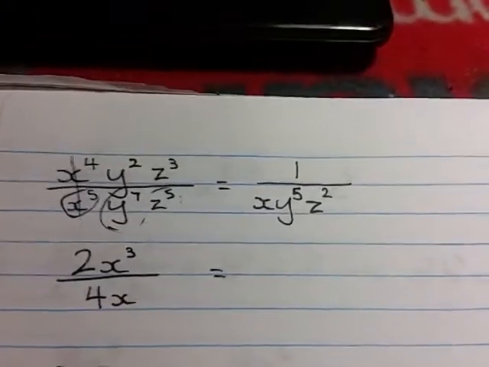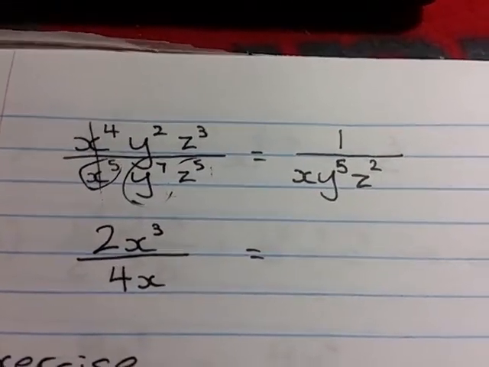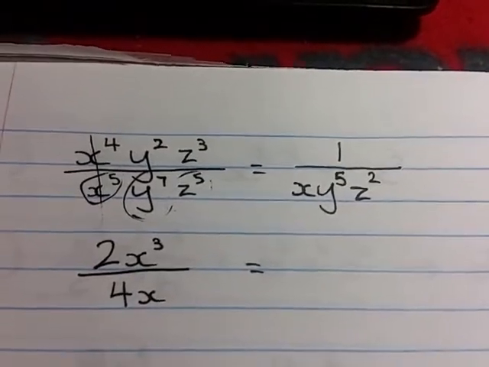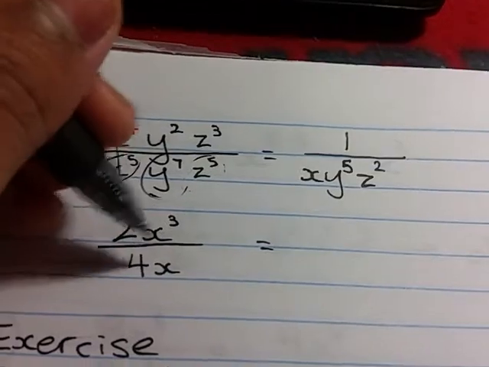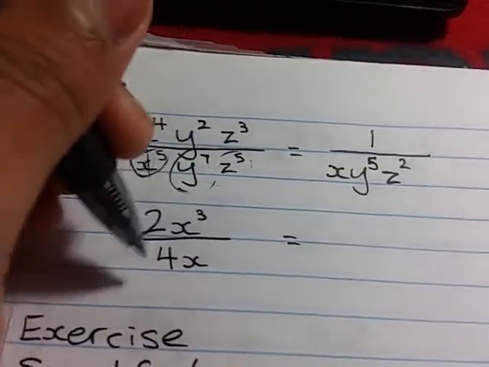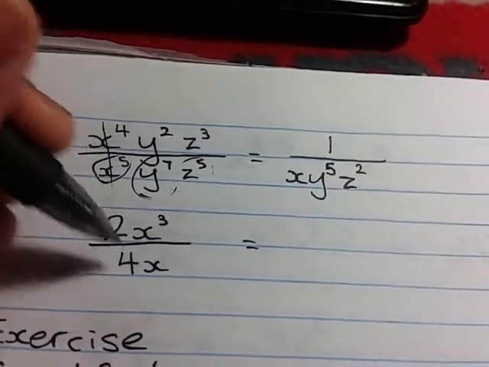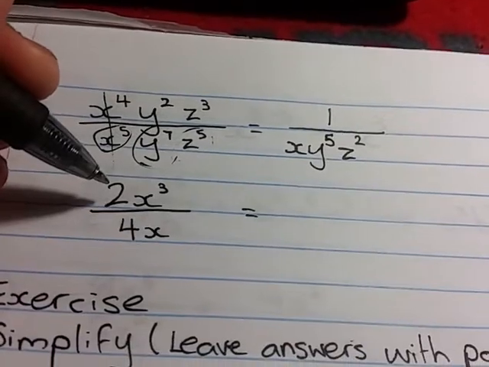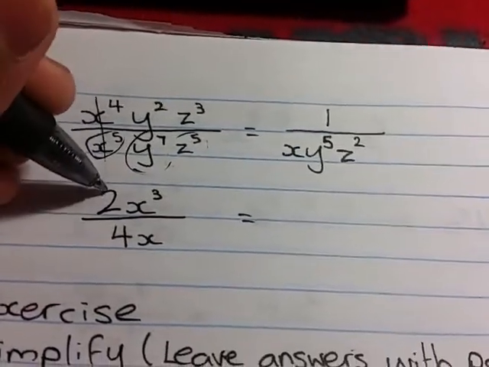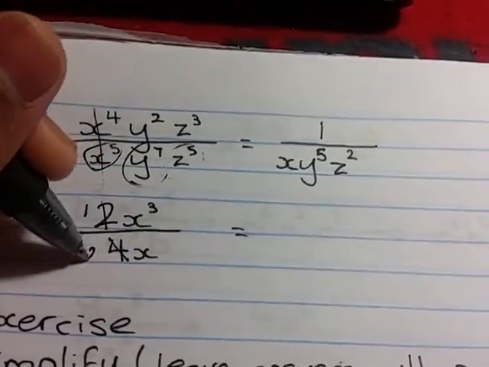And this also applies when dealing with numbers in your division. So 2x to the 3 over 4x. You have 2 over 4. What's the biggest thing that can go into 2 and 4? The number 2. 2 goes into 2 one time. 2 goes into 4 two times.